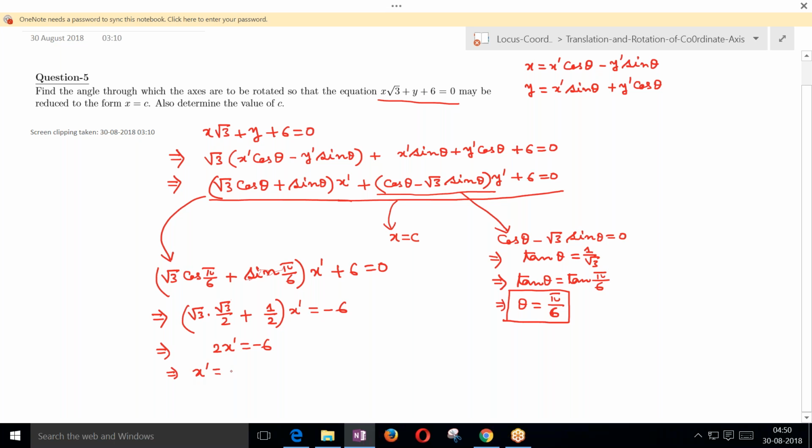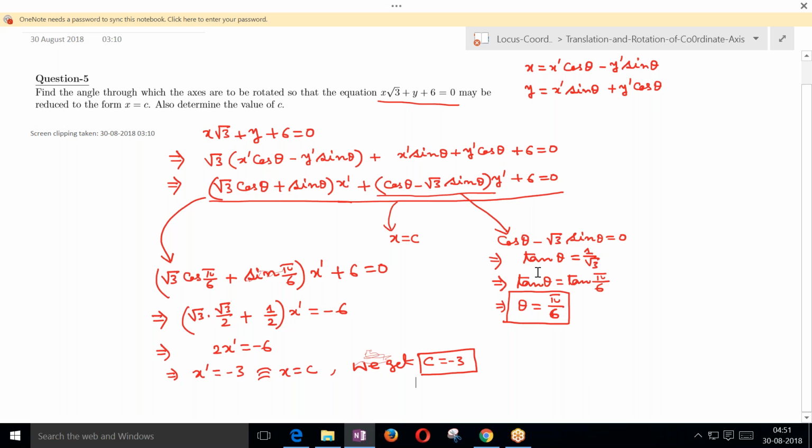Now let's look into the next topic, that is called the different forms of a straight line.